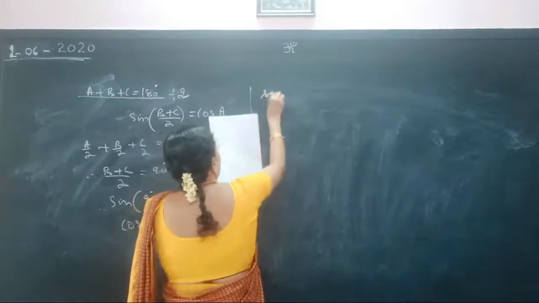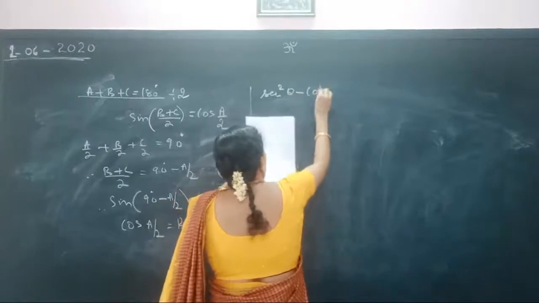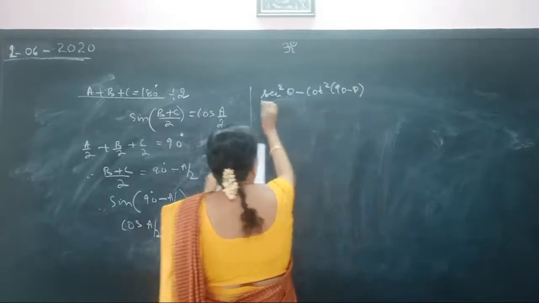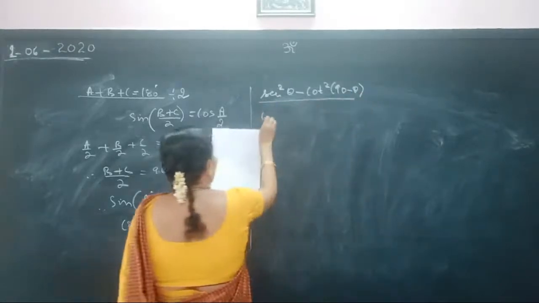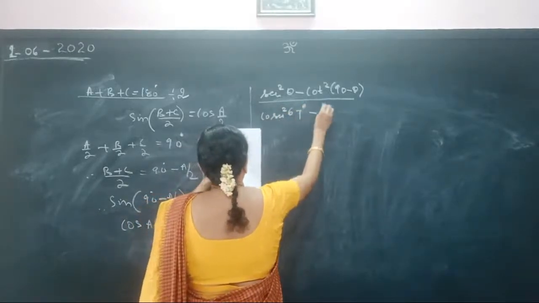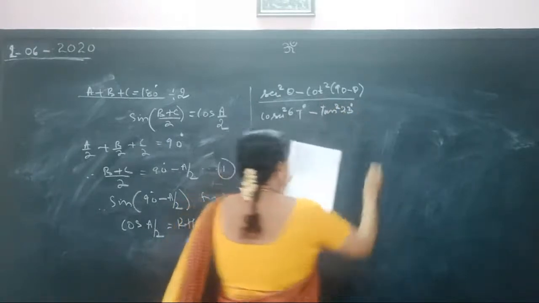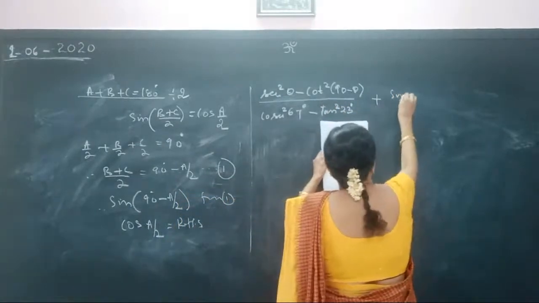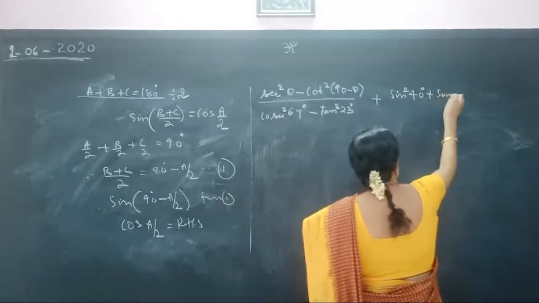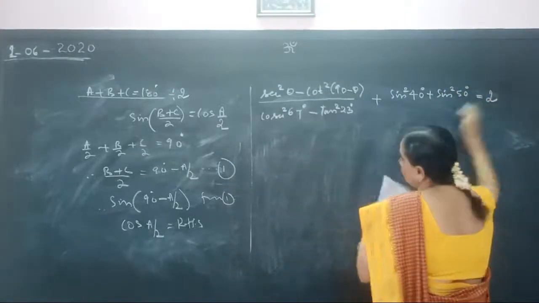Prove that secant square theta minus cot square (90 minus theta) by cosecant square 67 degree minus tan square 23 degree plus sin square 40 degree plus sin square 50 degree equals 2.